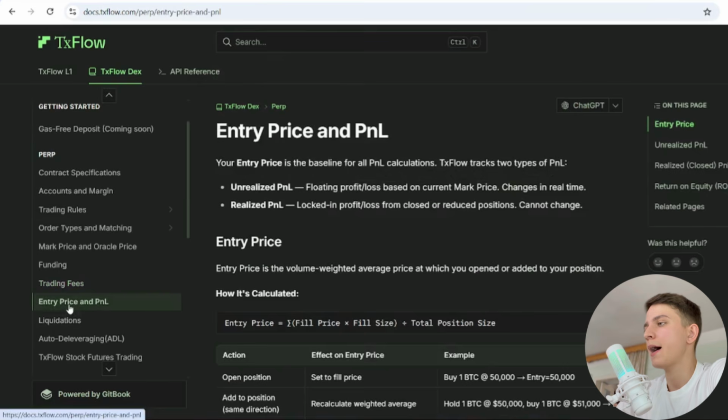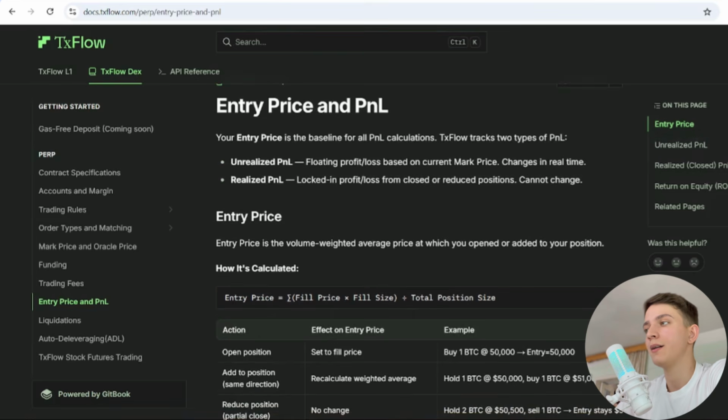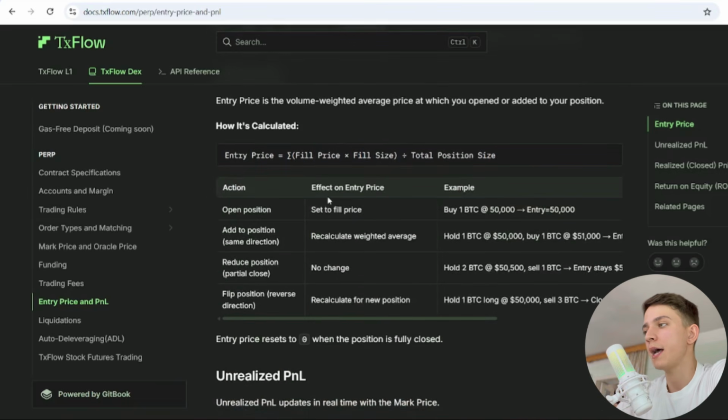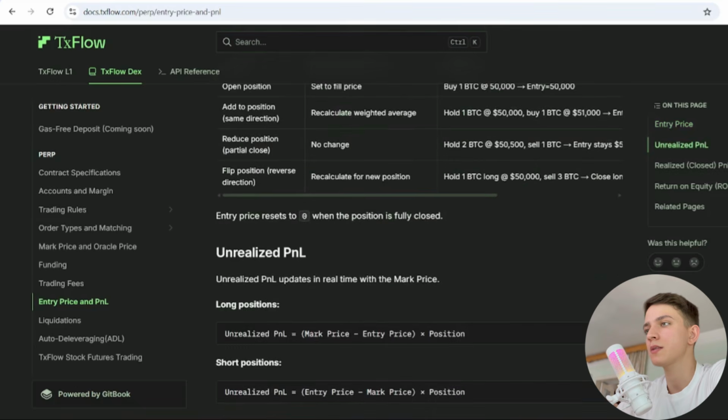Then entry price and P&L: your entry price is the baseline for all P&L calculations. TxFlow tracks two types of P&L: unrealized P&L and realized P&L. The entry price is the volume weighted average price at which you opened or added to your position. Open position is set to fill price, and adding to a position or reducing a position changes it. So you can do this stuff, guys.